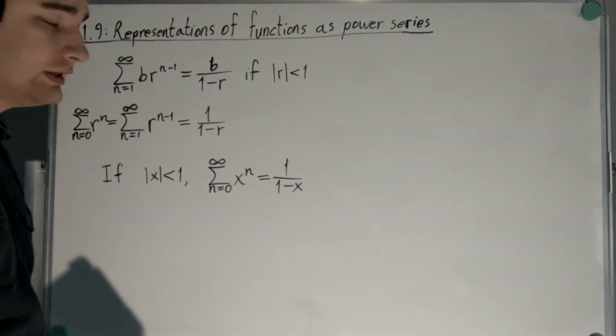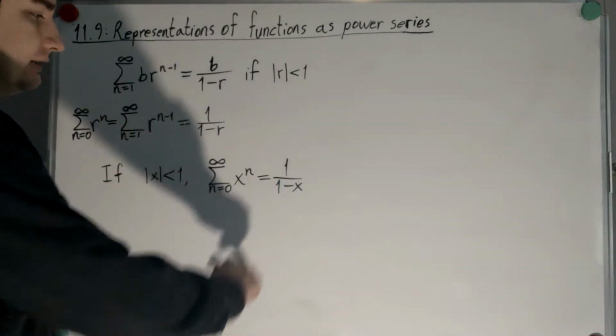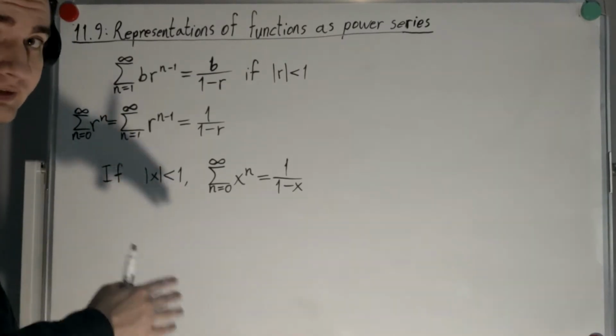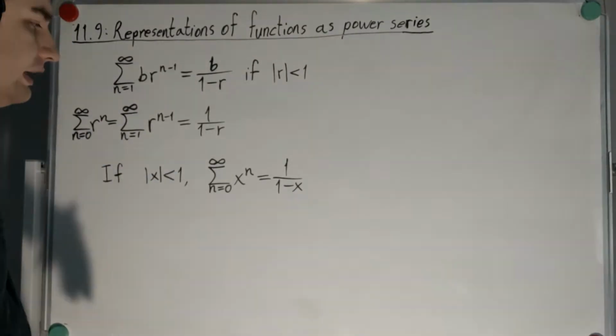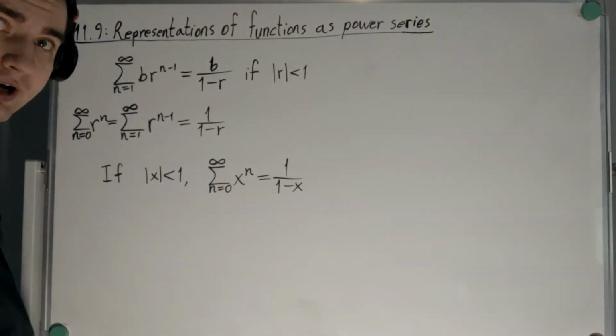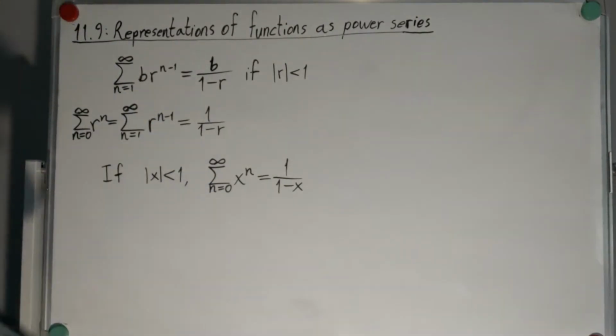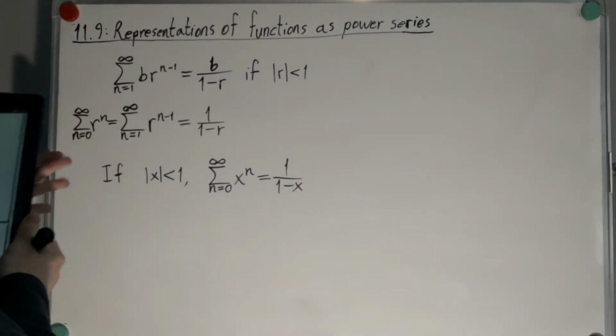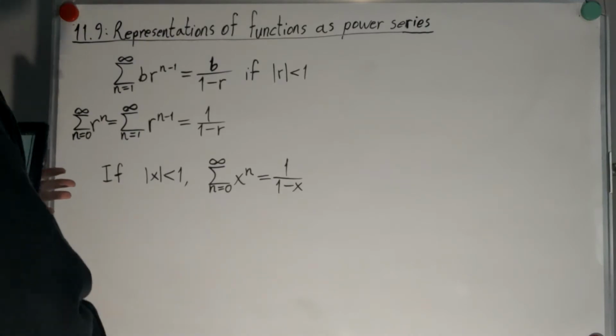In other words, the function 1 over 1 minus x, at least over the interval where the absolute value of x is less than 1, can be represented as this power series. Now, that seems pretty specific for right now, but let's see how this works.